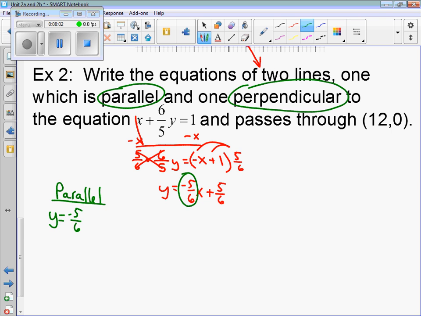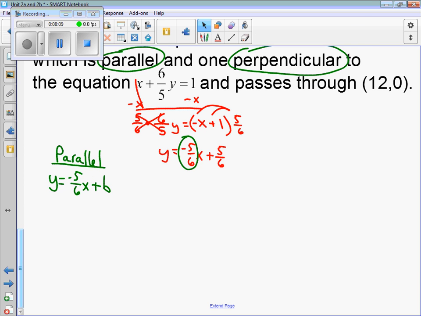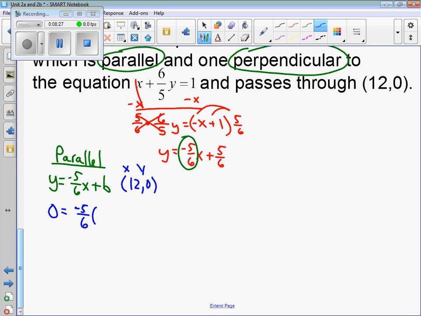And we need to find the b. b is the y-intercept. To do this, we're going to use the point (12, 0). This ensures that this equation will go through (12, 0). So substitute in 0 for y and 12 for x, and multiplying out, negative 5 times 12 is negative 60, 6 times 1 is 6.